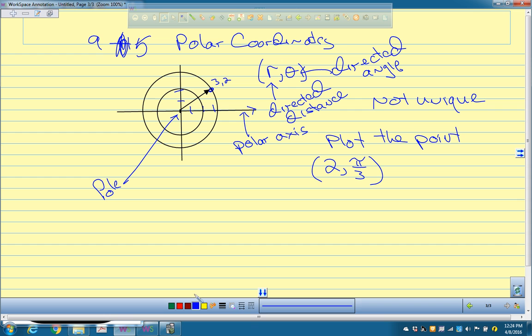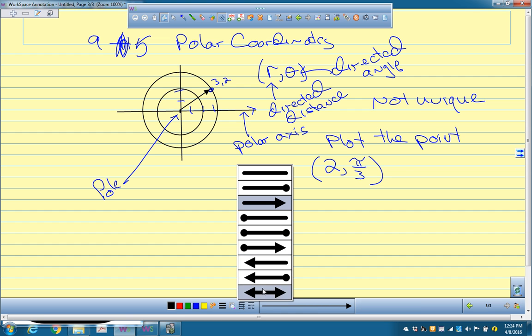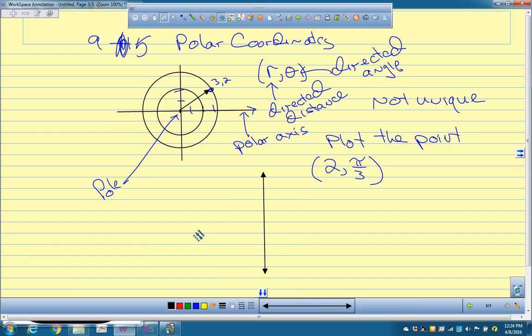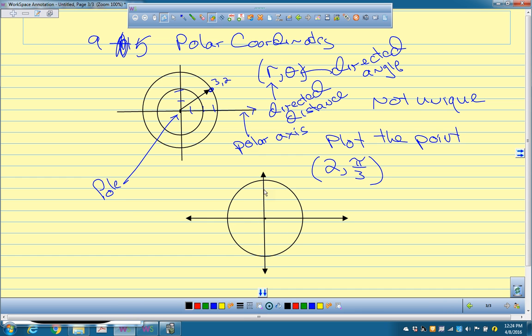I'm going to draw an axis here, an axis there, and make a circle. I'm not giving you polar grid paper, maybe I will if you need it at the end of the period.